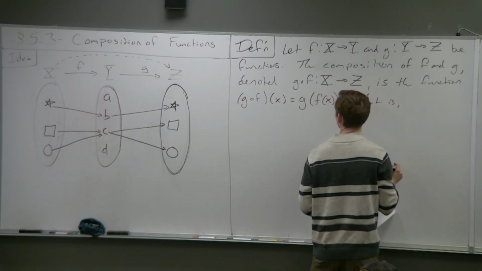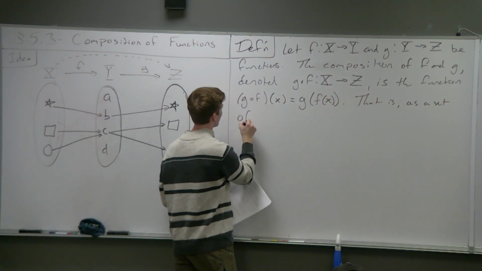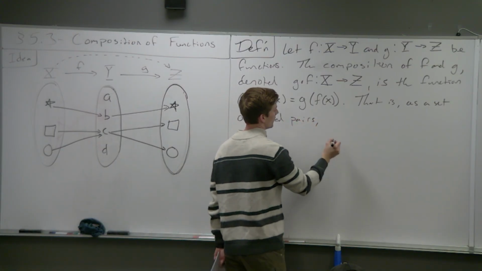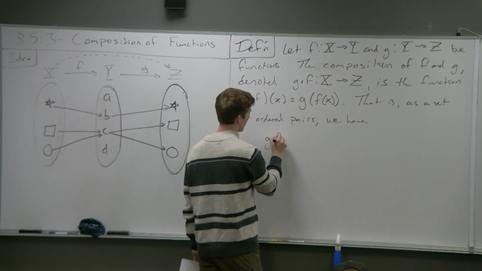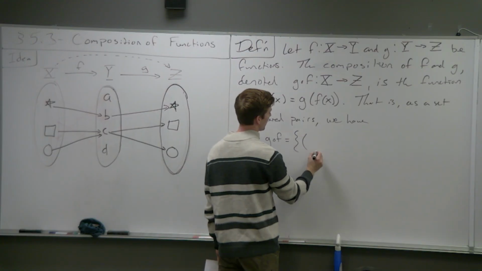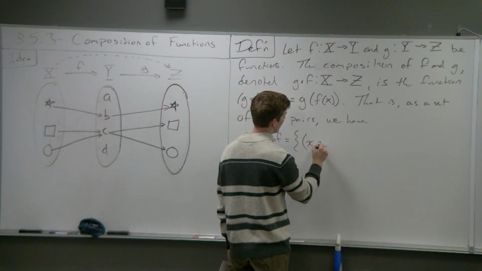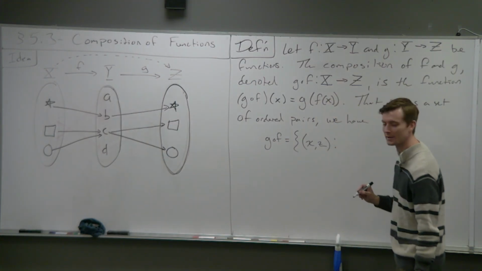That is, as a set of ordered pairs, we have g composed with f. Well, this is the set of all ordered pairs I'll write as little x, little z, such that, well, what do I need?